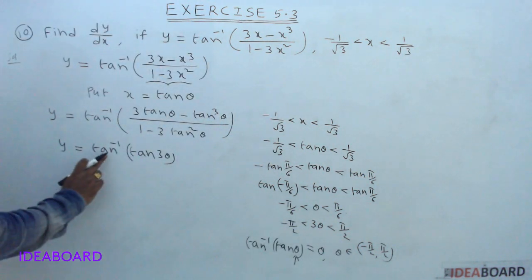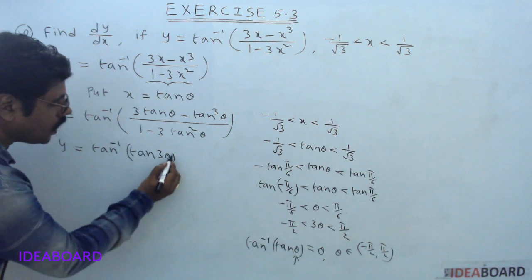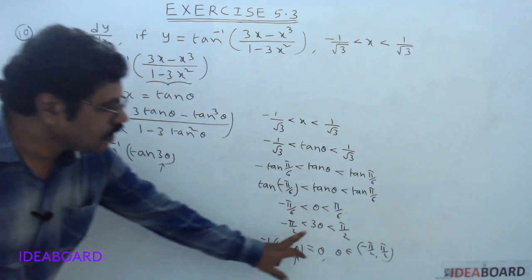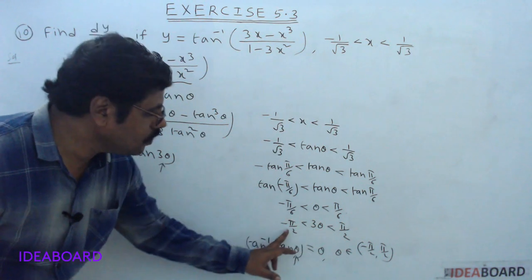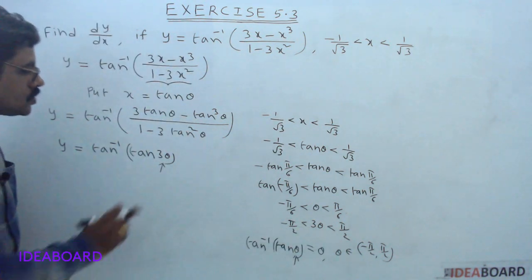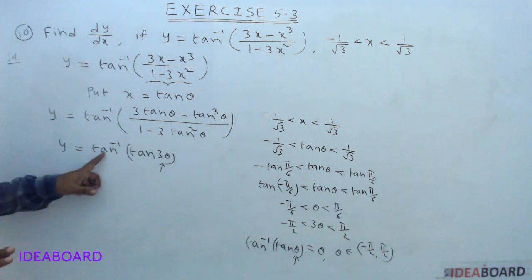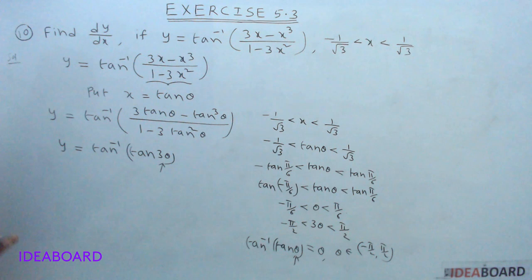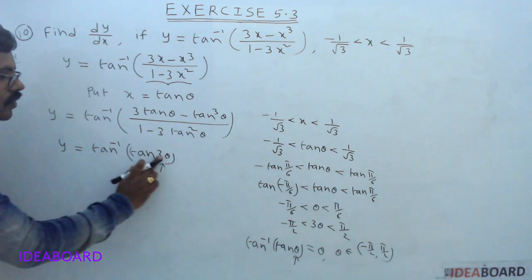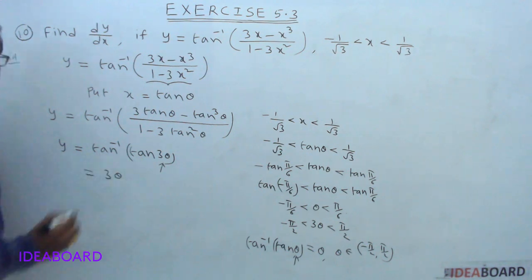Now here, tan inverse of tan 3 theta. Now see the value of 3 theta. Clearly this 3 theta value lies between minus pi by 2 and plus pi by 2. So 3 theta value lies in the range of the tan inverse function, so that tan inverse of tan 3 theta can be written as 3 theta.